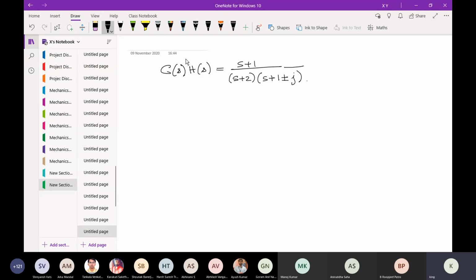So from this GSHS form, we can say that open loop poles and zeros are at, so we keep on applying the rules.